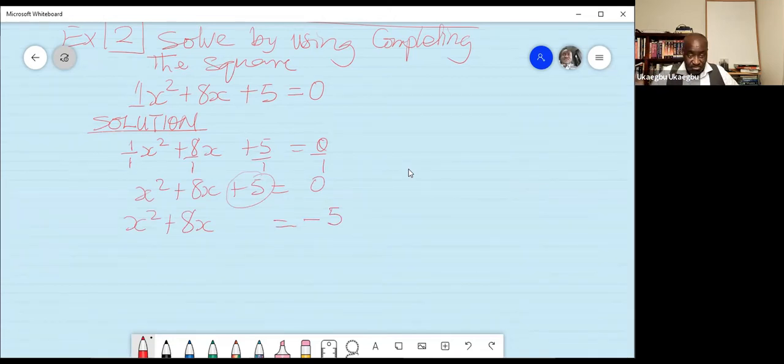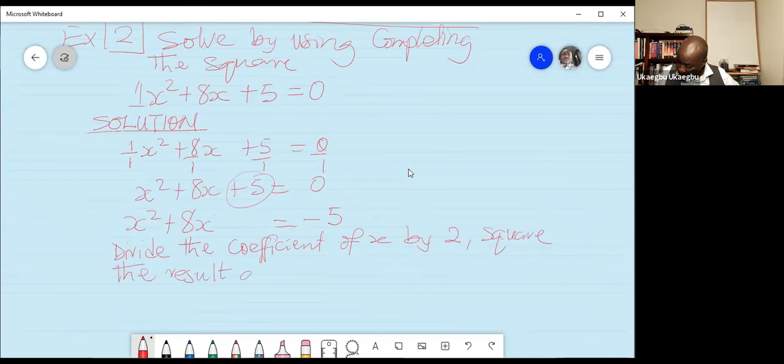We have to divide the coefficient of x by 2, square the result, and then add the squared result to both sides.